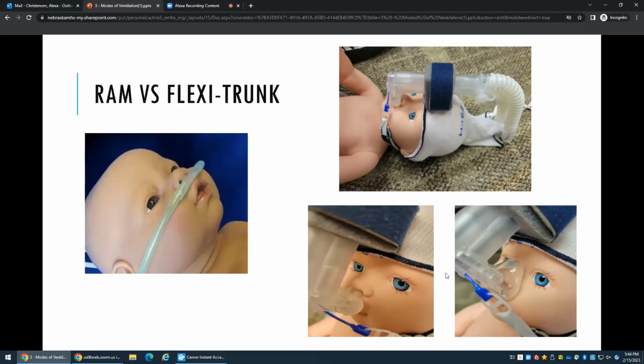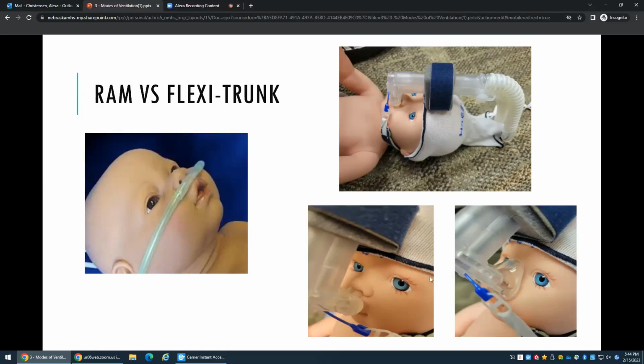But maybe you have that kiddo that's been on the ventilator for a really, really long time, and you want to try extubation, and you really want them to succeed, but they need a tighter fitting system because they need all their pressure, all that flow that the ventilator is giving them, all that FiO2, all the things.